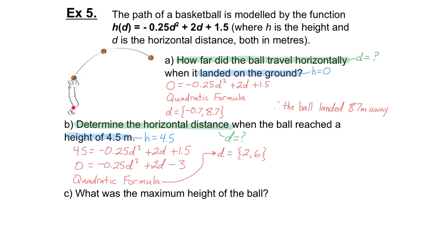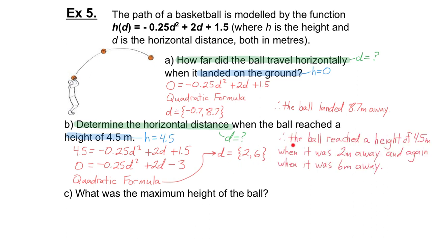Well, 2 meters away, and again at 6 meters away. That makes sense. On the way up, it reaches the height of 4.5 meters, and it reaches that same height on the way down. So both of these answers actually do make sense this time. So I can say the ball reached a height of 4.5 meters when it was 2 meters away, and again when it was 6 meters away.